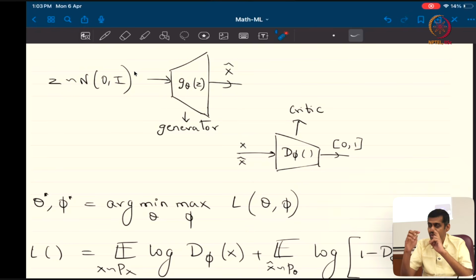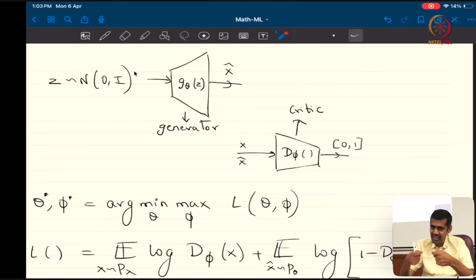It is trying to classify between the samples of px and samples of p theta. When would the classification become difficult? If px and p theta become the exact same distribution. That is what this generator is trying to do. So, as they say, this generator is trying to fool the discriminator and vice versa. That is why the name adversaries.